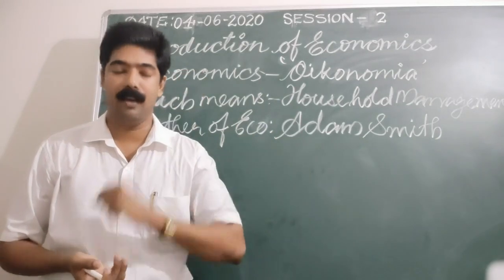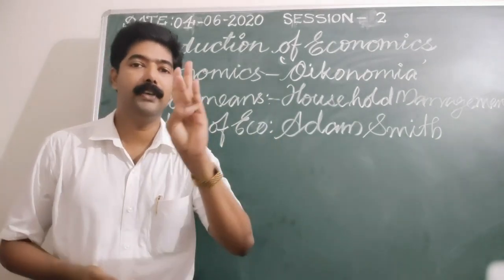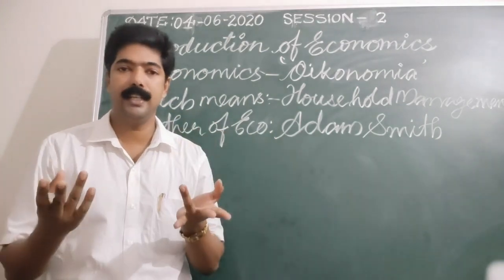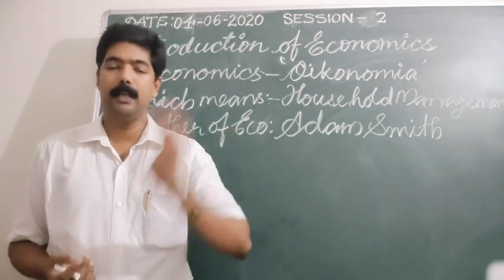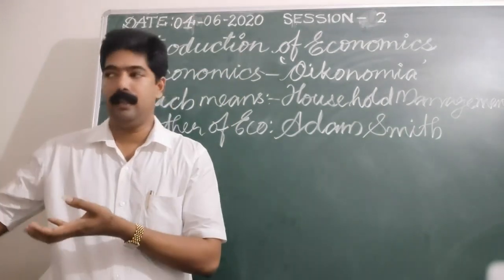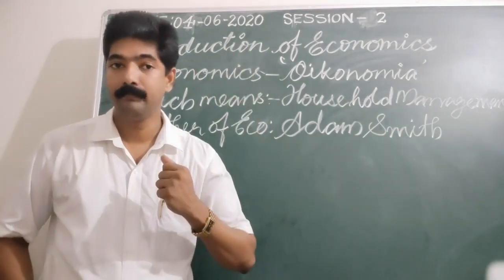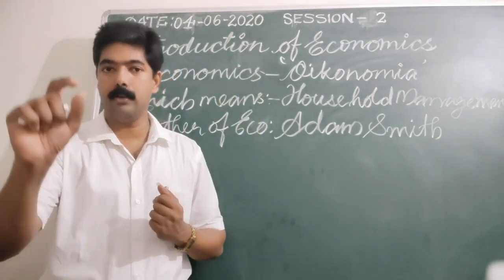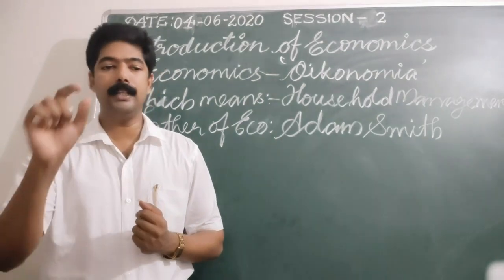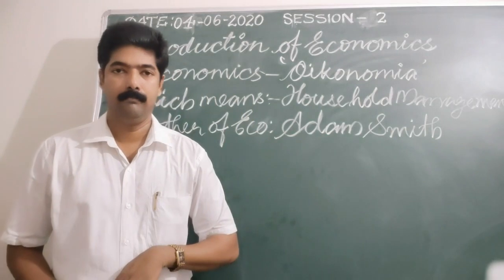This is economics. So what is economics? I have told you three definitions: one simple definition, one common definition, and another in a jokey, funny way. What is the first definition? Economics is a social science which deals with human wants and their satisfaction.